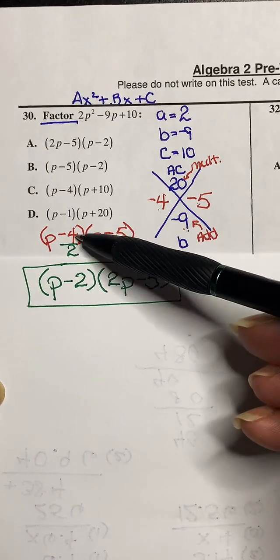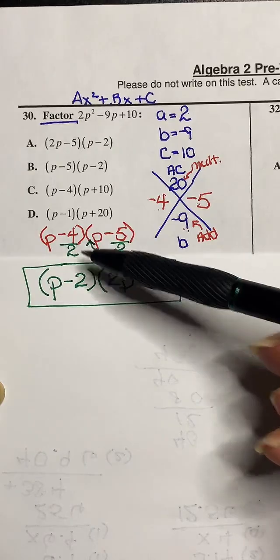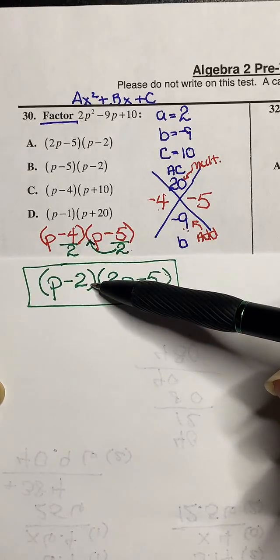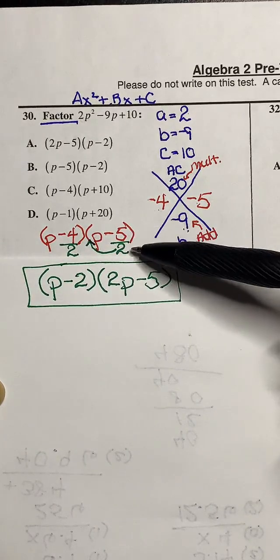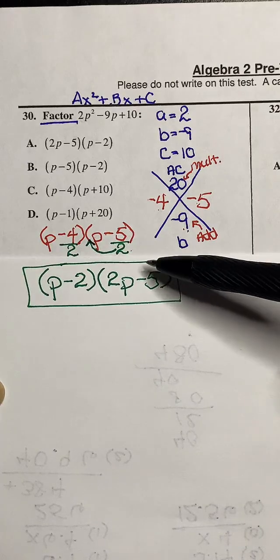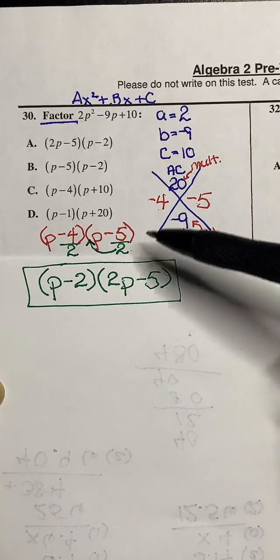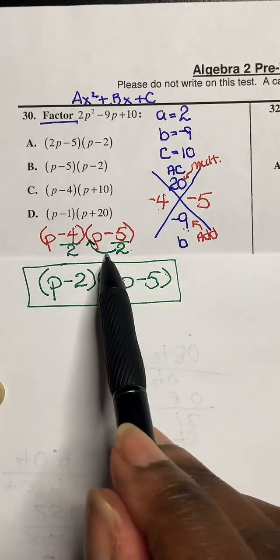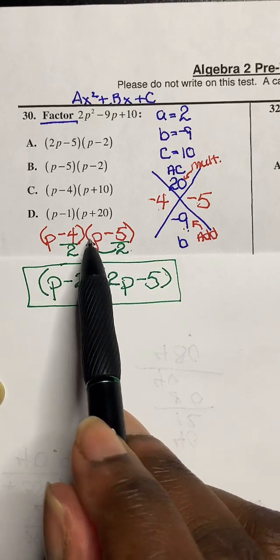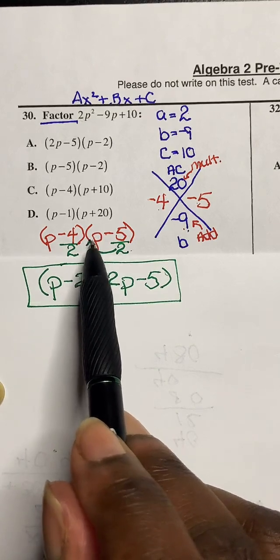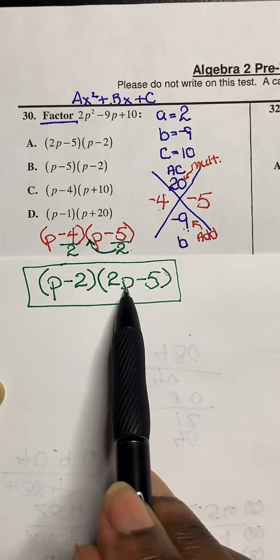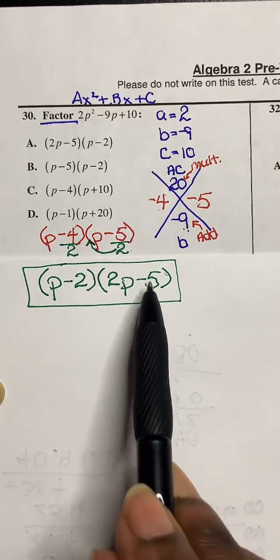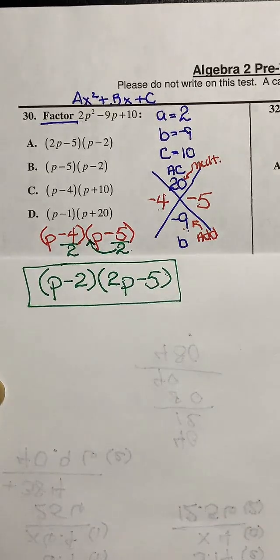So -4 divided by 2 gives me -2. But -5 divided by 2 can't be evenly divided, right? So since you can't divide it, you're going to slide it right in front of the p. That's where this 2p minus 5 came from.